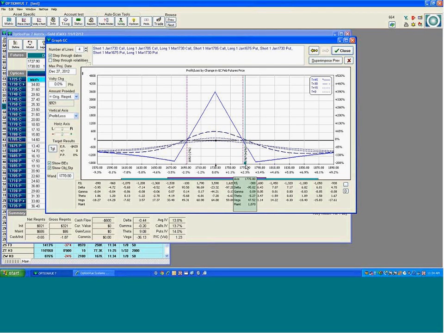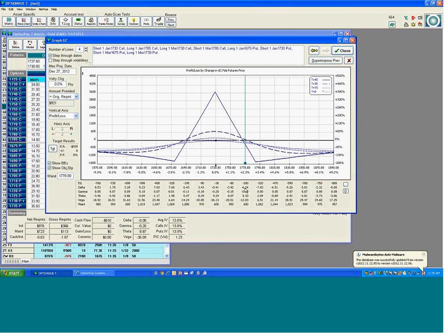If the market runs up to 1770, we become delta short, and we don't want to let the market continue to go up and have us be in the zone of vulnerability. What we can do is say to ourselves, what do we do in the way of modification to get delta from being minus 6 to being 0 again? We'll do a vertical or a bull put spread adjustment.